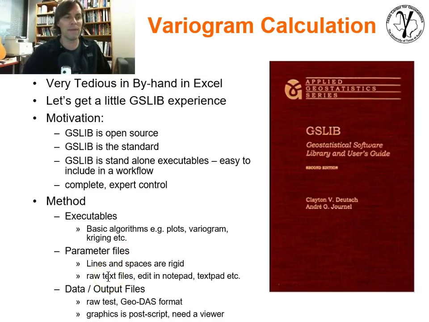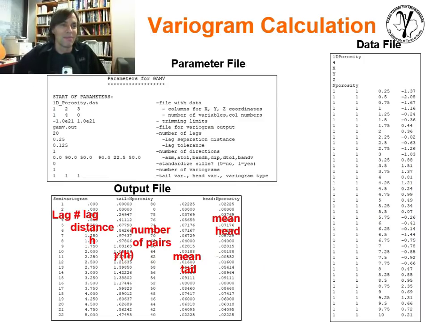And you can edit them, of course, in Notepad, TextPad, or whatever text editor you like to work with. And the data files will be in raw ASCII. They're GeoEAS format. It's a very simple ASCII format for data. And the graphics are going to be in PostScript, which is really nice. They're vector-based graphics, but you'll need a viewer enabled in order to be able to look at them.